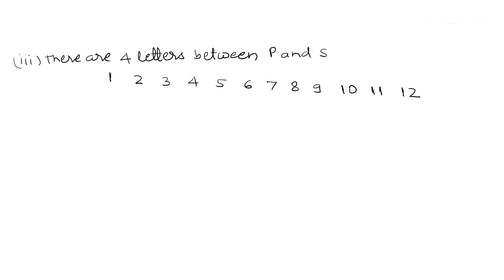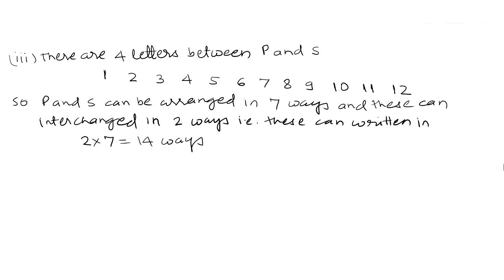P at 6th place, then S at 11th place, and P at 7th place, then S will be at 12th place. So there will be 7 positions for P, and 7 positions for S related to P. So P and S can be arranged in 7 ways, and these can be interchanged in 2 ways, that is, 2 multiplied by 7 equal to 14 ways.